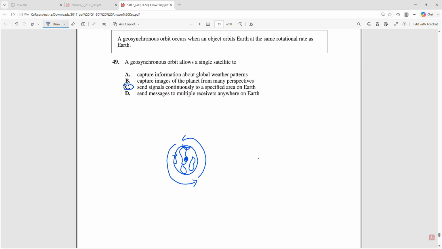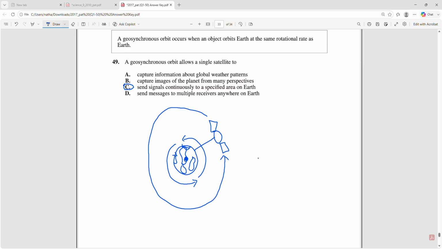So if we have something that's in geosynchronous orbit with the Earth, we send this satellite out into space, and it's also rotating at the same number of rotations per amount of time.